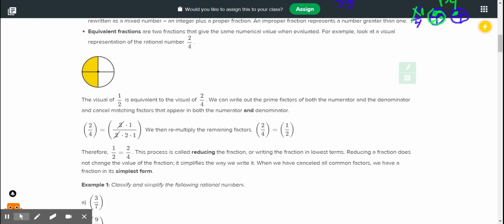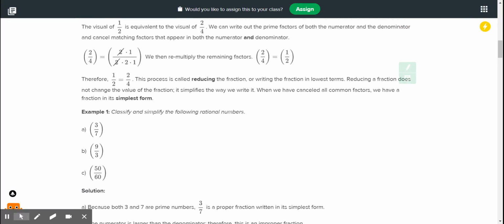When we look at this, the 2's cancel out, and then we remultiply. We have 1 times nothing is 1, and 2 times 1 is 2. So 2/4 is equivalent to 1/2.